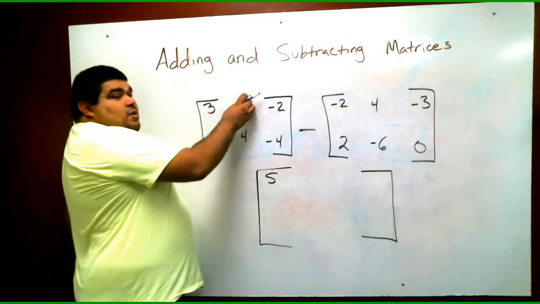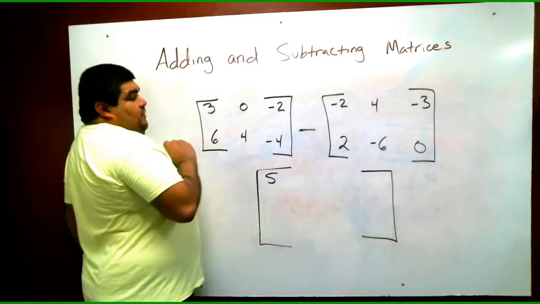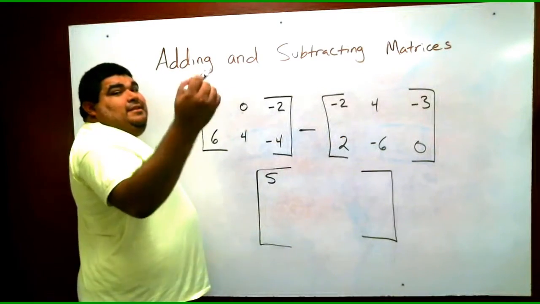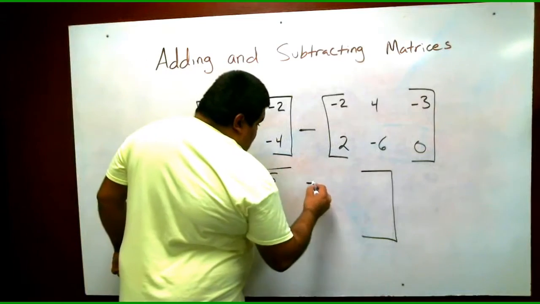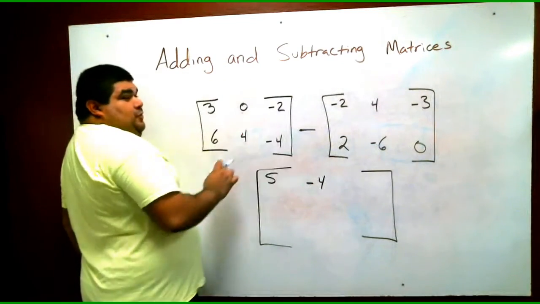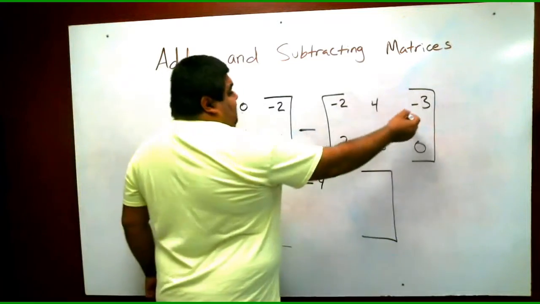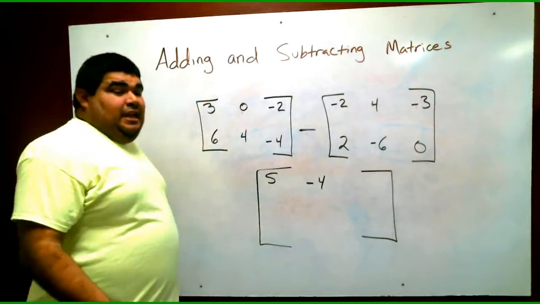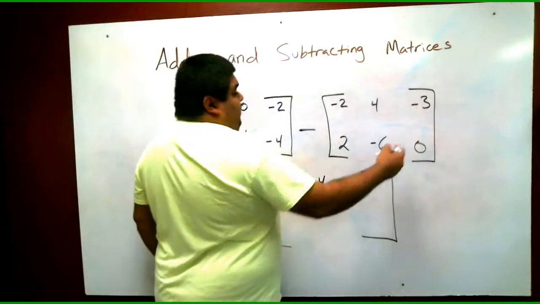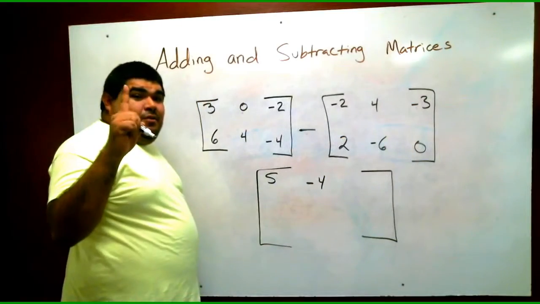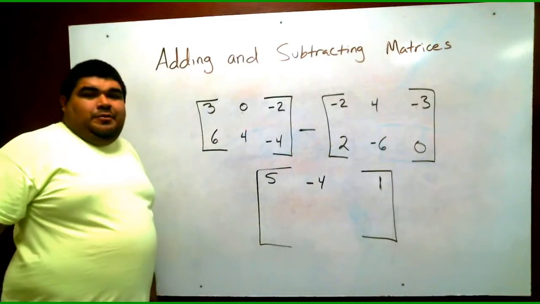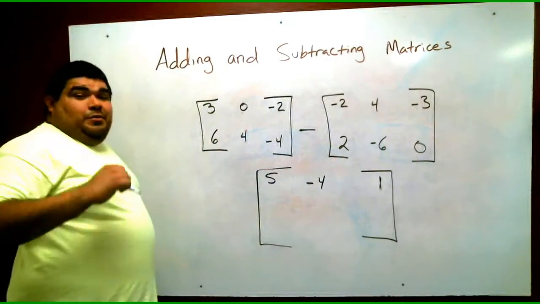Now we're going to do the middle one, upper. We have 0 minus 4, which is negative 4. Goes in the middle. And then we have negative 2 minus negative 3. Again, the second one becomes positive. So we have negative 2 plus 3, which becomes 1. Goes in the upper right corner. We're almost done.